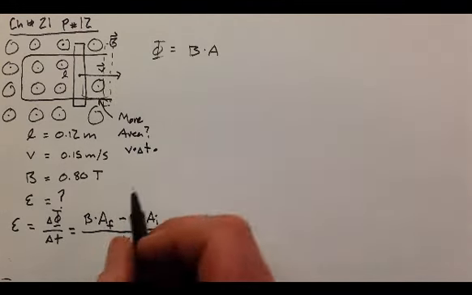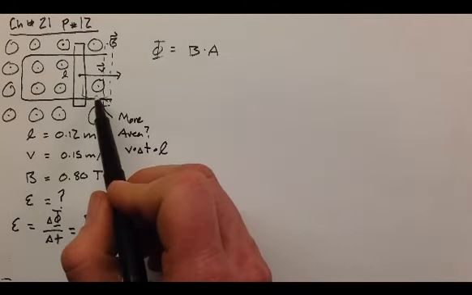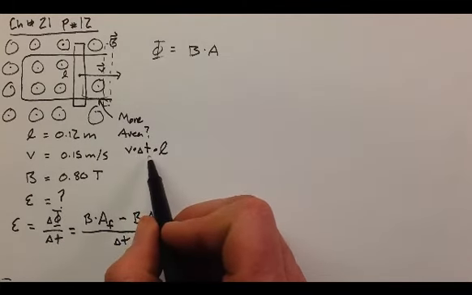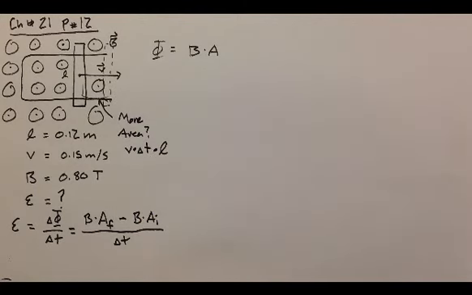So I'm going to claim that the new area is the initial area plus v times delta t times L. My induced EMF is going to be equal to B, factoring out a B, times the final area, which is the initial area plus v times delta t times L, minus the initial area, all divided by delta t.